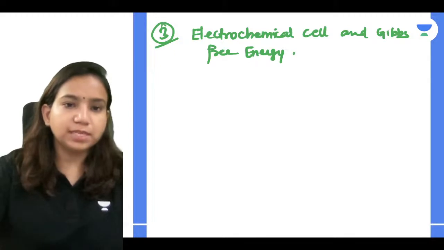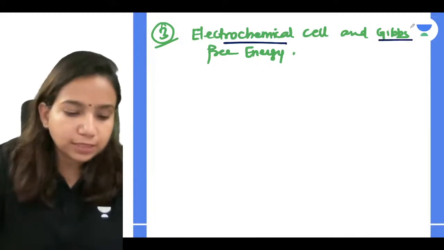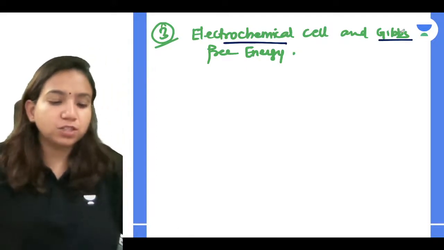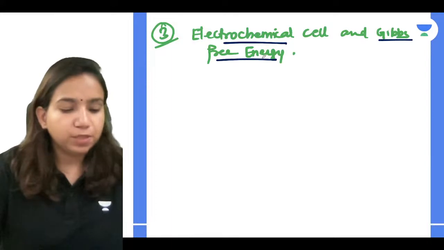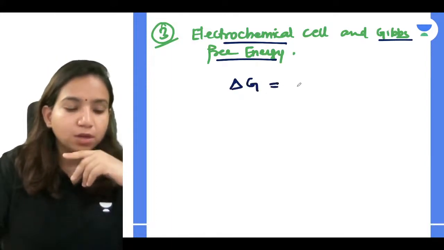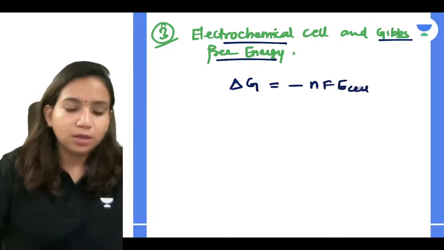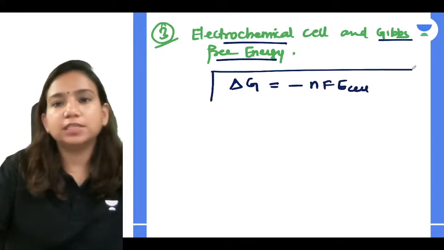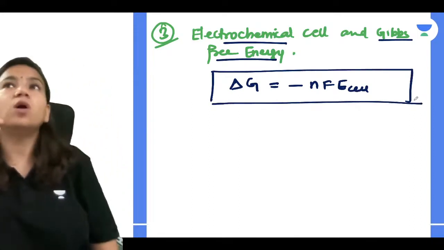So electrochemical cell and Gibbs free energy, what we can understand here is very simple, guys. How can we get to know the relationship between them? The Gibbs free energy is delta G, and the formula for that involves NF E cell. Gibbs free energy is the energy required to do useful work for the system.